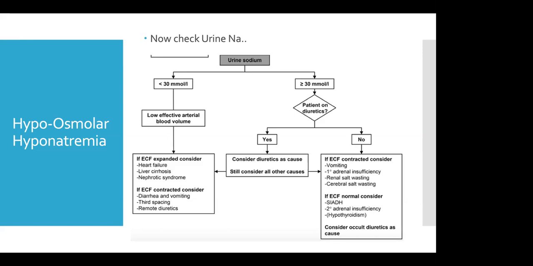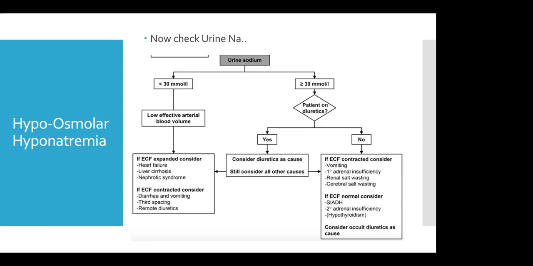If the urine sodium is high, then the next step is simply medications. So are they on diuretics? If they are, then obviously you should consider that as a reason and consider stopping them. But you also don't want to end there. You still have to consider other causes as well. If they're not on diuretics, then you again do your volume status.